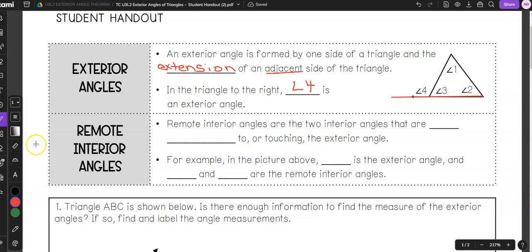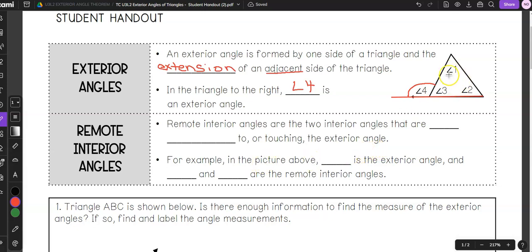So the exterior angle that is formed when I extend that side is angle 4 right here. Okay, so angle 4 has a relationship with angle 1 and angle 2, and that's what we're going to talk about today.